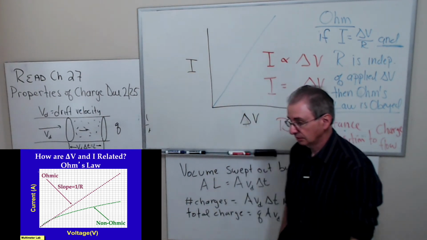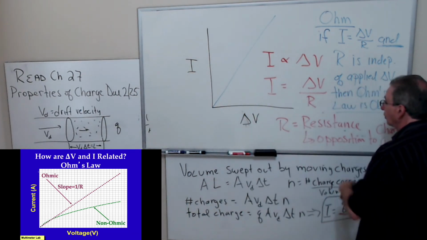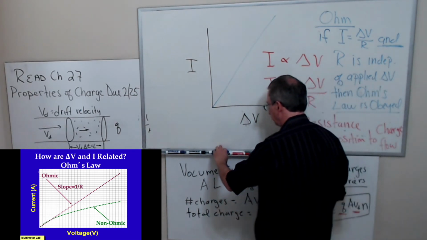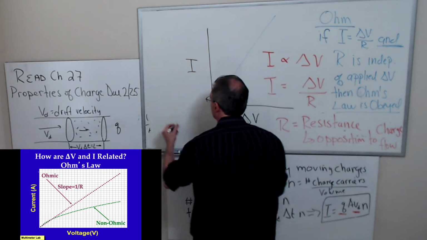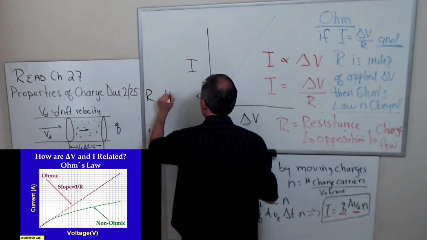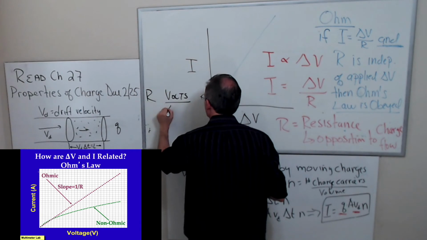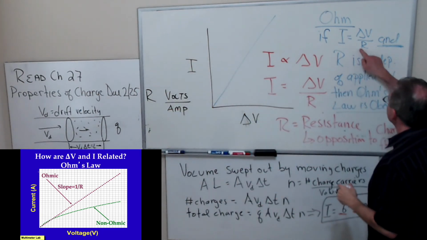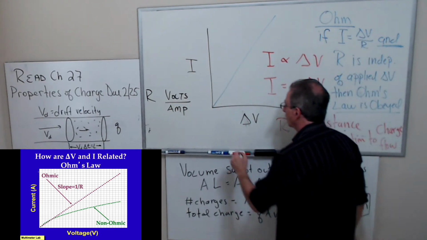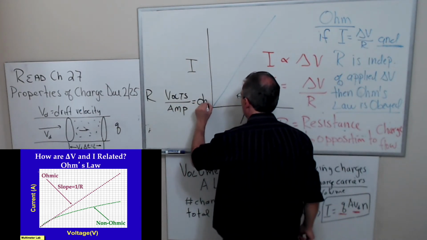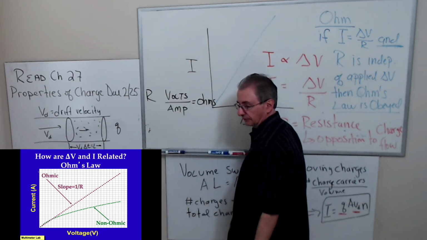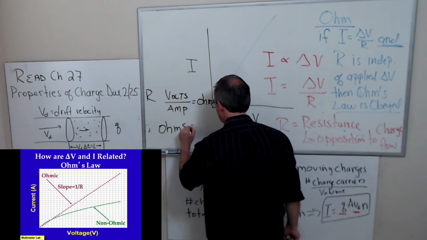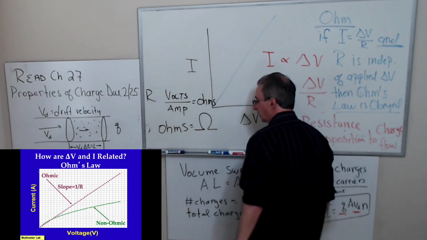Okay. So, what are the units for this thing? Well, R is units of volts per amp. Okay, volts per amp. Of course, since Ohm came up with the idea, these are all called ohms. And a symbol for it is the capital Greek letter omega.